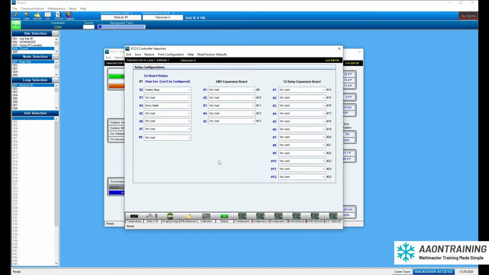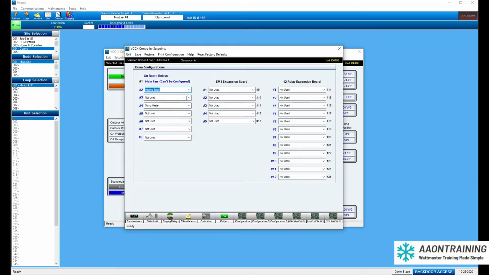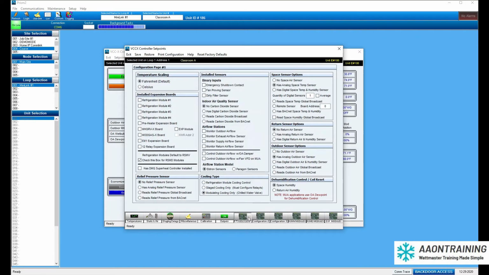So from here, there's the outputs, which these are all the configurable outputs that we can potentially put into any VCCX2. It's also very similar to what you can do in the VCBX, VCMX, and VCM, but the VCM looks a little bit different than this. So this is configuration 1. Again, I'm not going to go into any real detail on these right now.